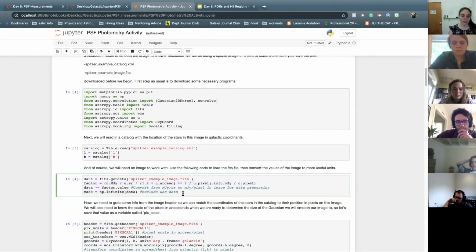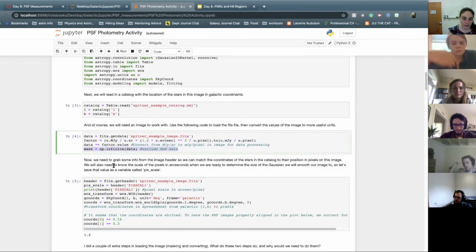And then there's also a step here that says, if there's a location in this image with a non-numerical value, don't count it. So if there's some sort of flaw in your image and you get either an infinite pixel value, maybe it got hit by a cosmic ray or something else, we don't care about that. So this is just kind of processing of this specific data. It has nothing to do with actual smoothing yet, but just so you can see what that is doing.